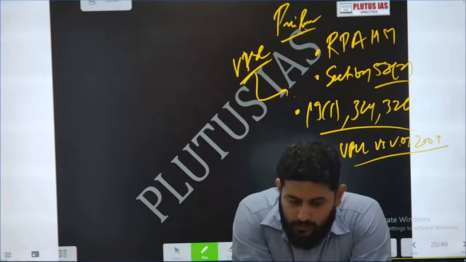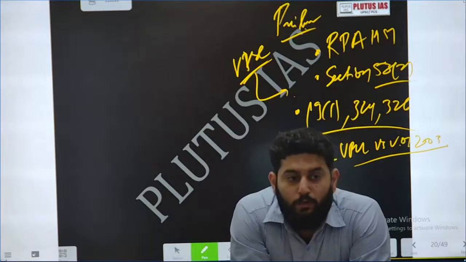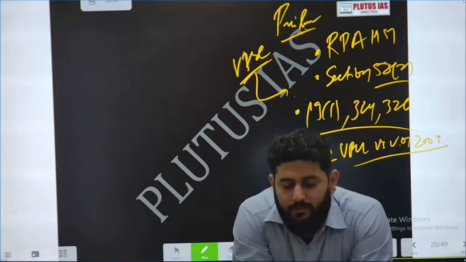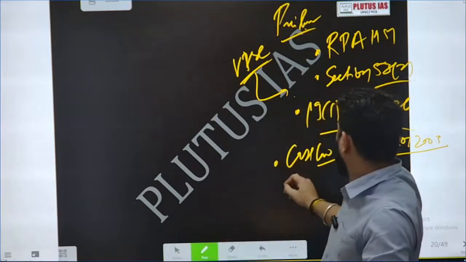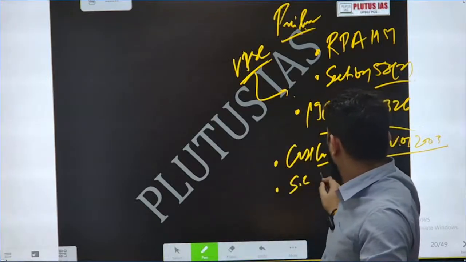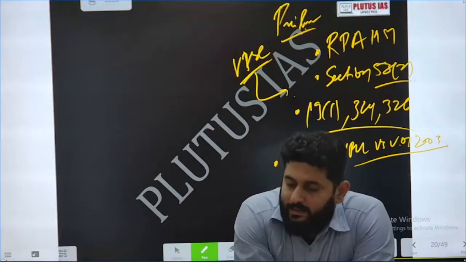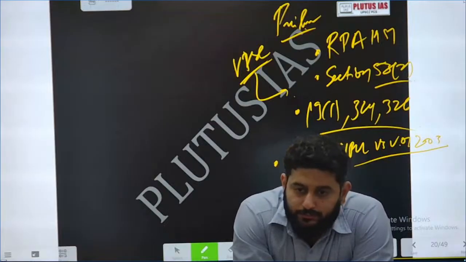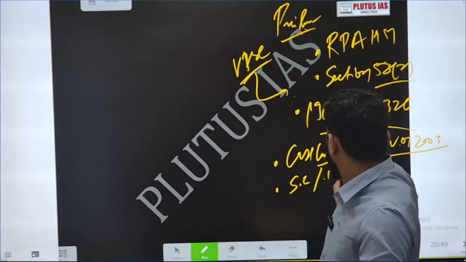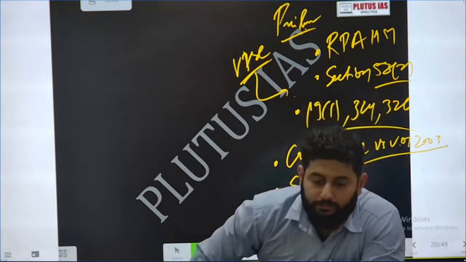Now another thing is institutional involvement. What are the institutions involved in this? First is the Supreme Court, because the case is going on in the Supreme Court, right? Now, the second thing is the Election Commission. किसके बारे में बात हो रही है? इलेक्शन कमीशन, तो वो भी इन्वॉल्व होंगे.